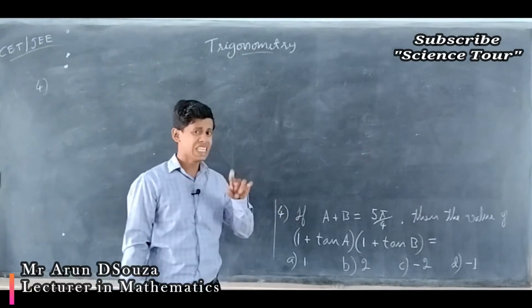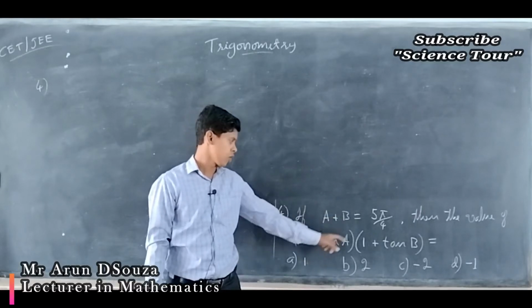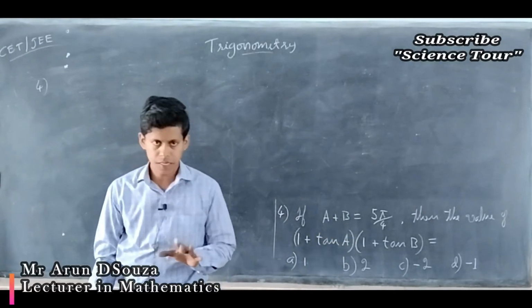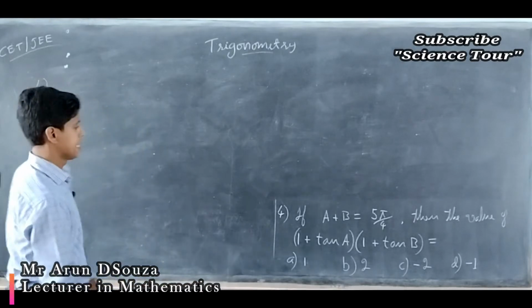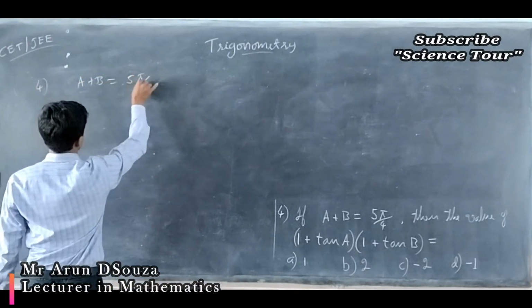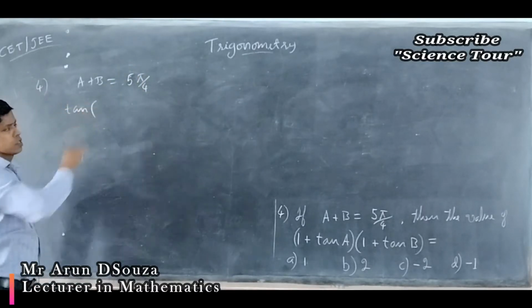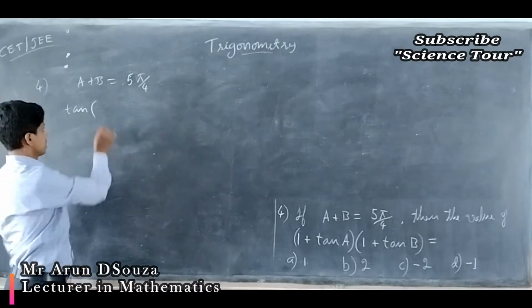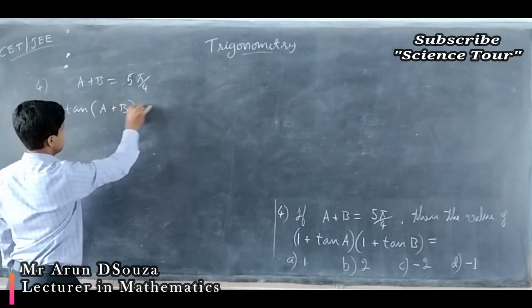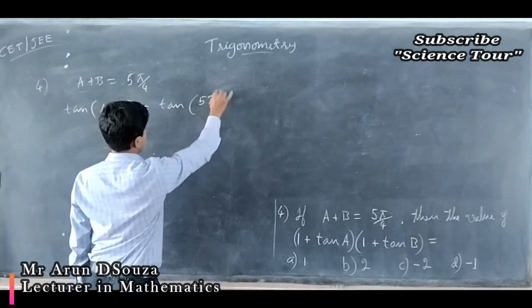So you get a hint that you must use the tan a plus b formula, because you have got tan. Alright, so let's take that hint. So you have a plus b, which is 5 pi by 4. Now take tan both sides. So this is tan a plus b, and here you have got tan 5 pi by 4.